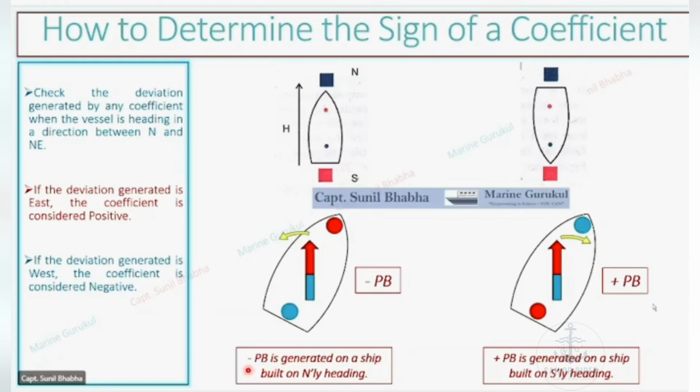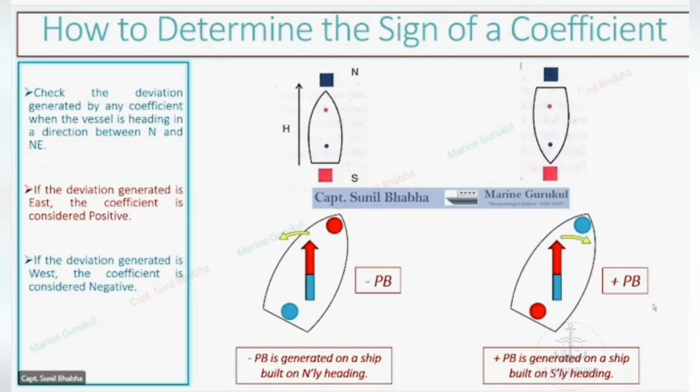So the conclusion we get from here is negative PB or minus PB is generated on a ship built on a northerly heading, and plus PB is generated on a ship which is built on a southerly heading. Is that clear, beta?